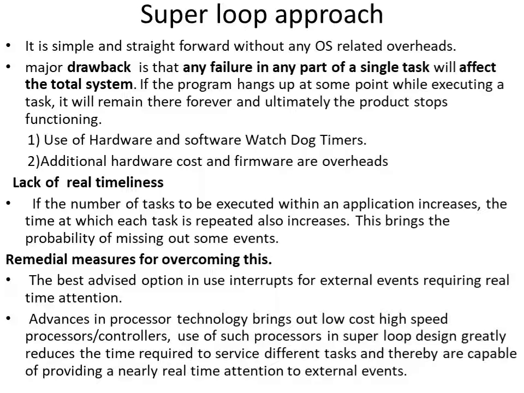Apart from that, these days we have large advances in processor technology. Due to this, we have processors and controllers at very low cost and also at high speed. We can use such processors in a super loop design, so that it reduces the time required to service different tasks, and thereby it can provide real-time attention to the external events.